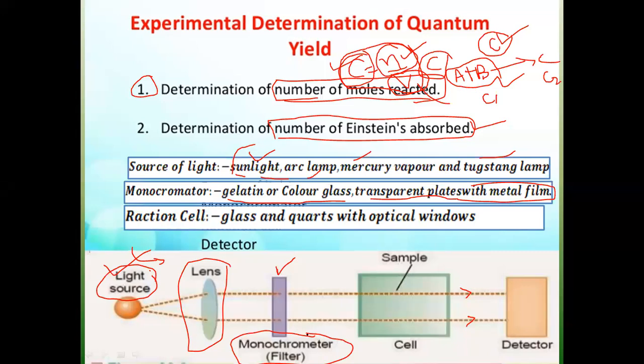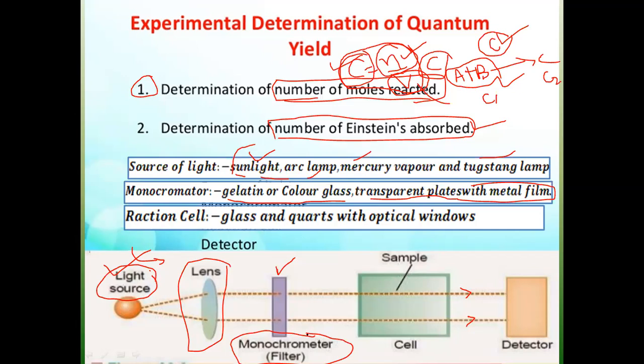It is simply a filter used to convert different wavelengths of light into a single wavelength, which is monochromatic light.